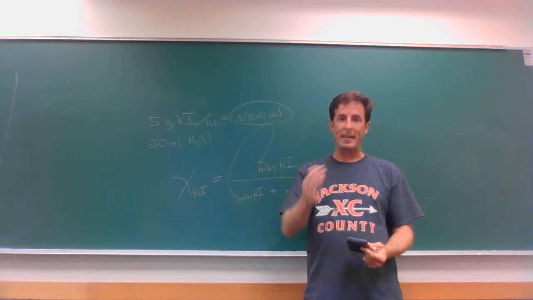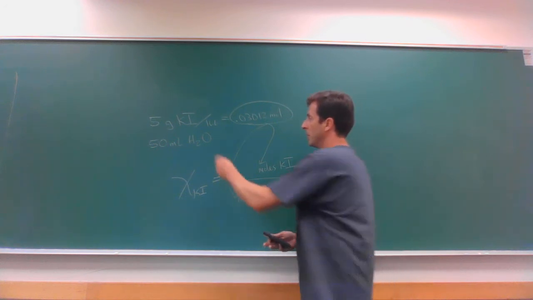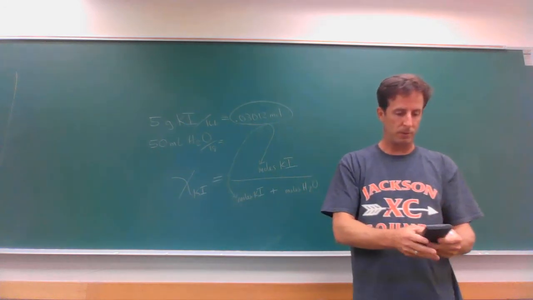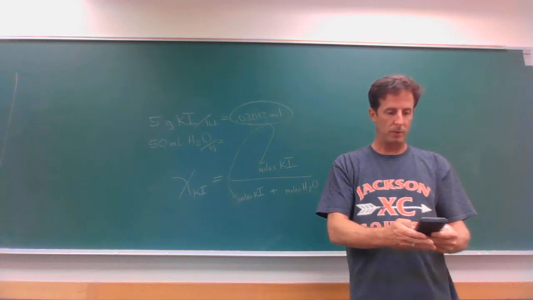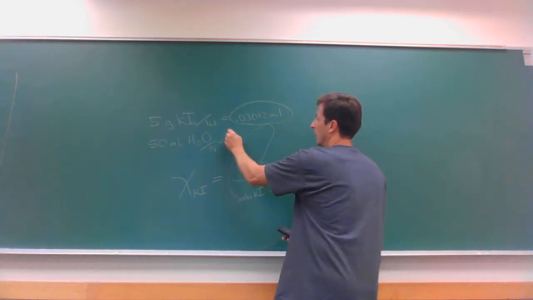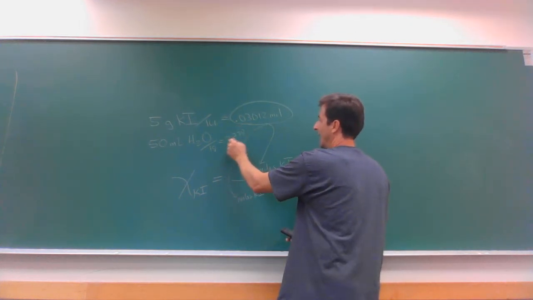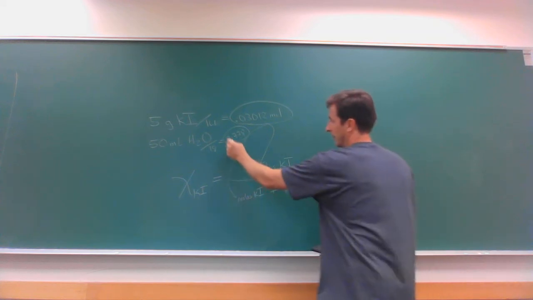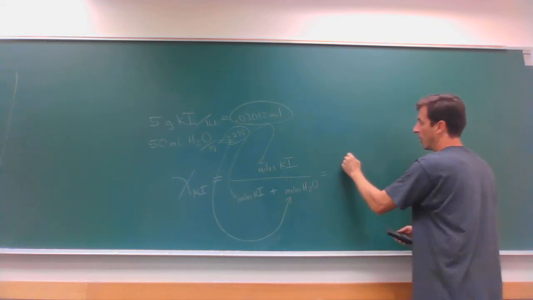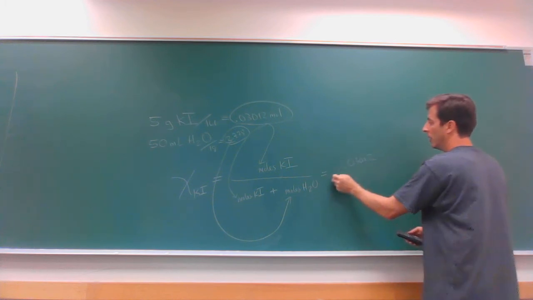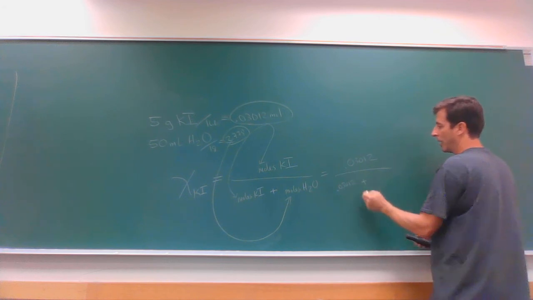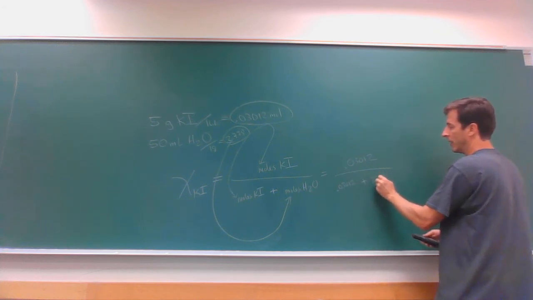And then divide by 18, the molecular weight of water. So 50 over 18 is going to give me the moles. That's going to be 2.778. That number is going to go right here. So I'm going to have basically 0.03012 over 0.03012 plus 2.778.